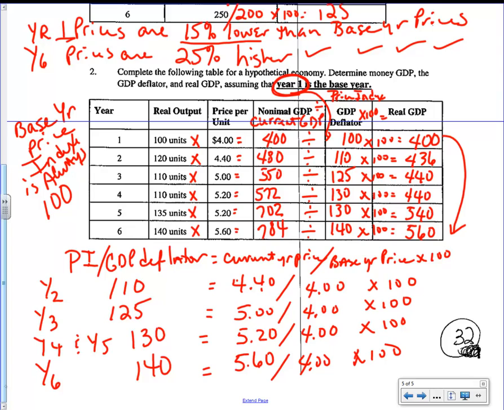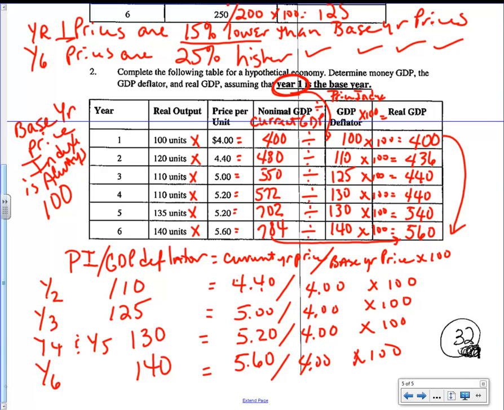If we went back over to nominal GDP, look at year 6. Year 6, our nominal GDP is 784. But in real numbers, according to year 1's base prices, our gross domestic product is only 560.